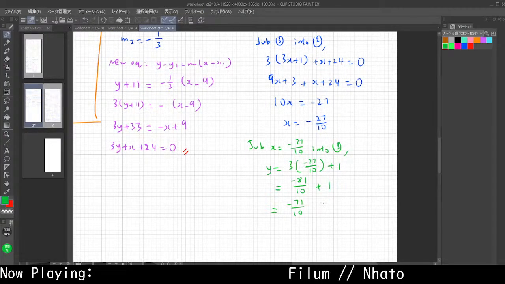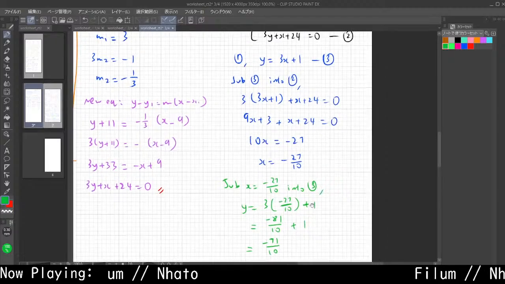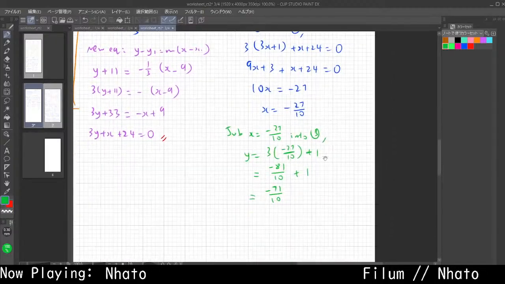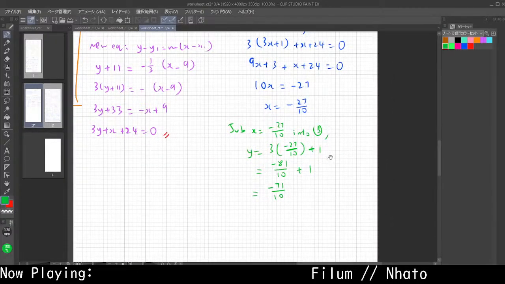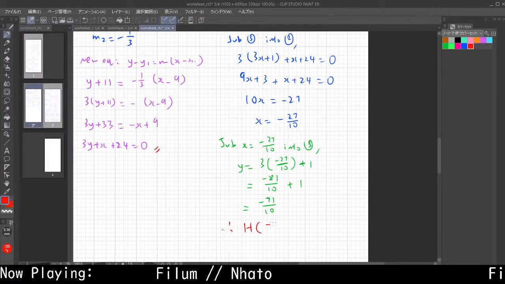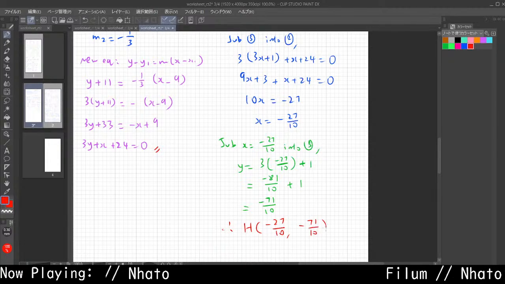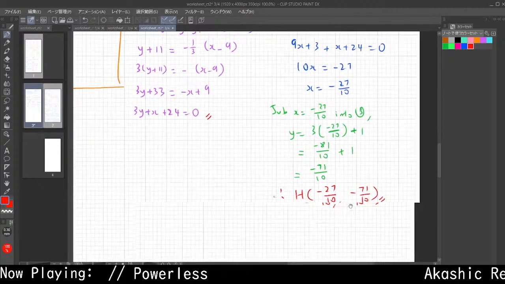You can put negative 7.1 because it is simple enough. But usually we just leave it in terms of the fraction itself because it's easier to do if it's like infinite decimals or stuff like that. Okay, so therefore H has coordinates negative 27 over 10, negative 71 over 10.